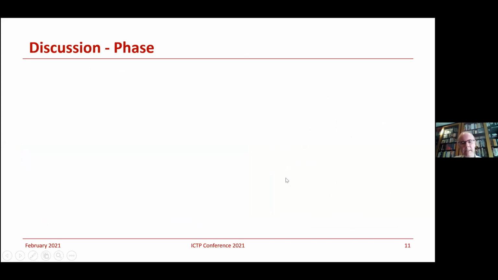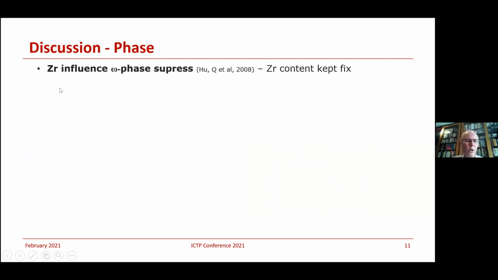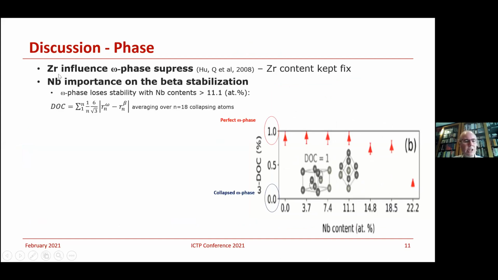Now, because of the time, let me just quickly show to you what you have ended up with. So you look for the influence of the zirconium, then you keep this content fixed. Then you change the amount of niobium, because the niobium stabilizes the beta phase in titanium.